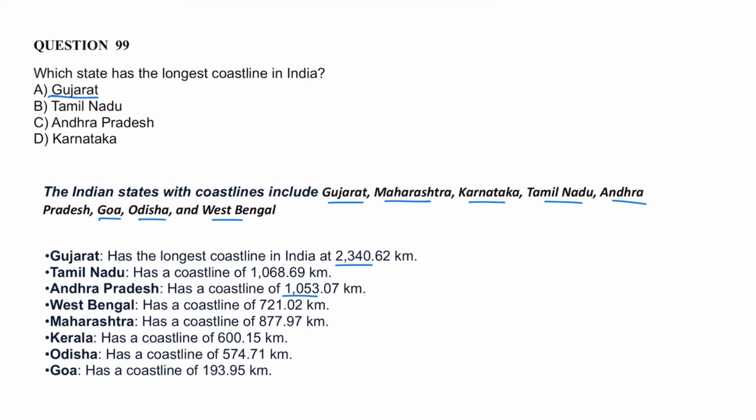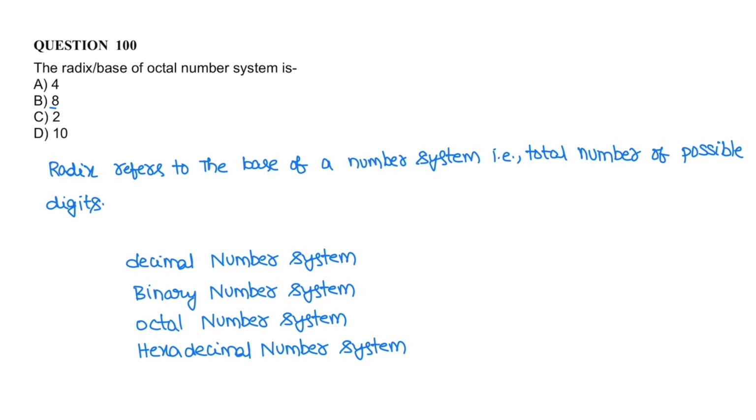Next question. The radix or base of the octal number system is? Radix refers to the base of a number system, and represents the total number of possible digits. For the decimal number system, radix is 10. For the binary number system, radix or base is 2. For octal, radix is 8. For hexadecimal, radix is 16.